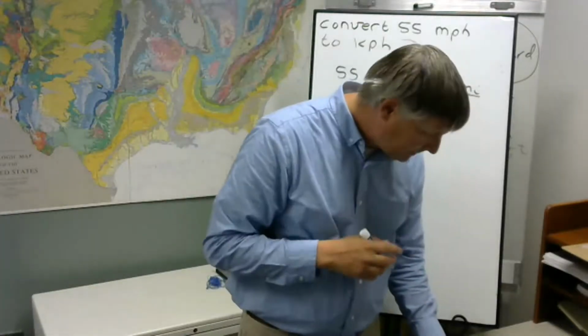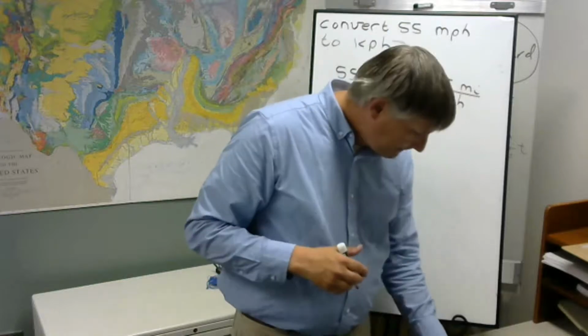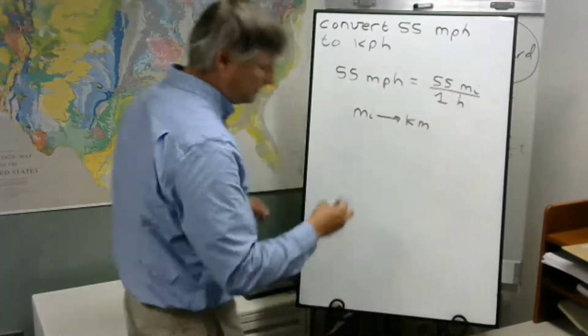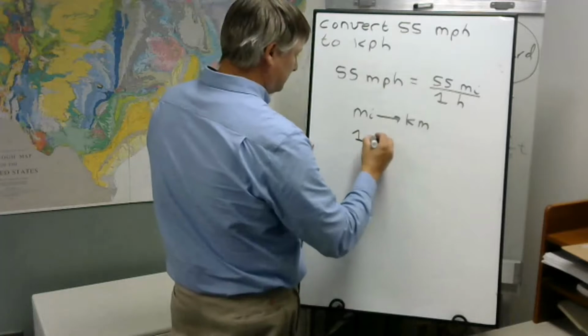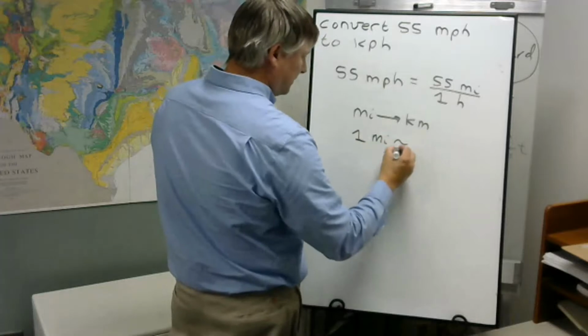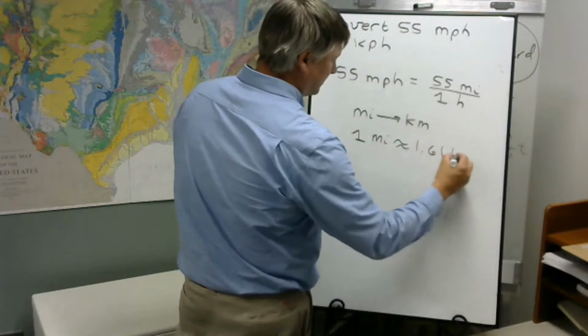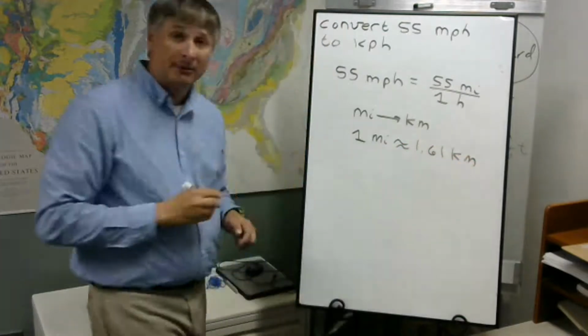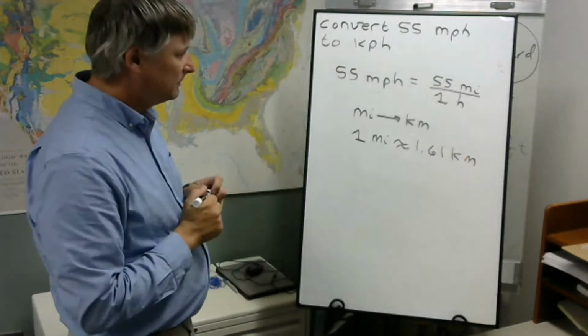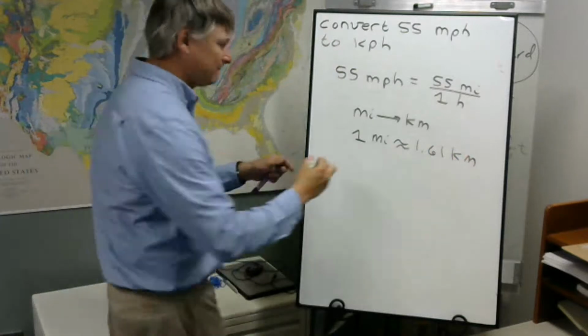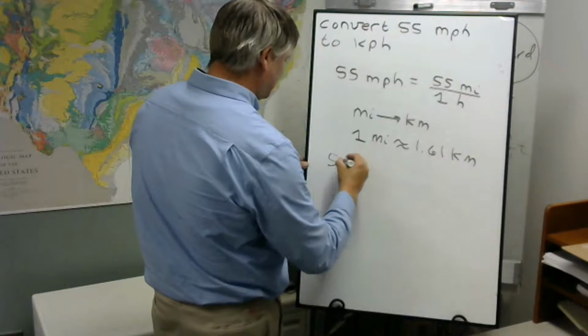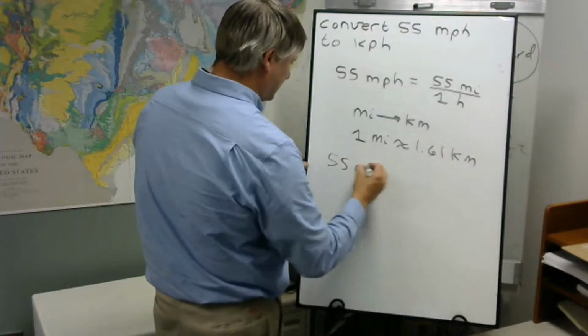So we need a relationship between miles and kilometers. Now, taking a look in the text, I'm looking on page 360. They do give an approximation. 1 mile is approximately 1.61 kilometers. So let's take our 55 miles per hour.